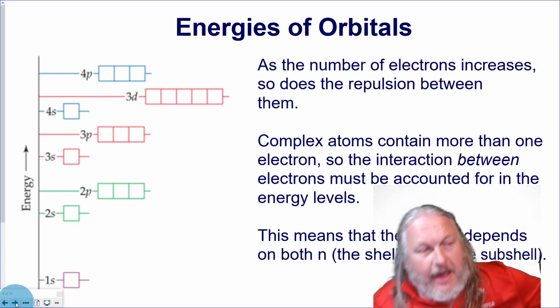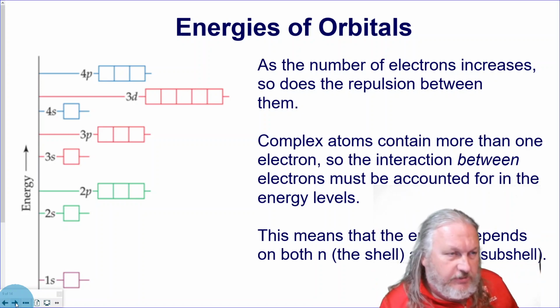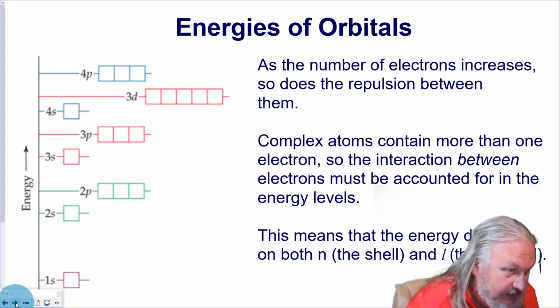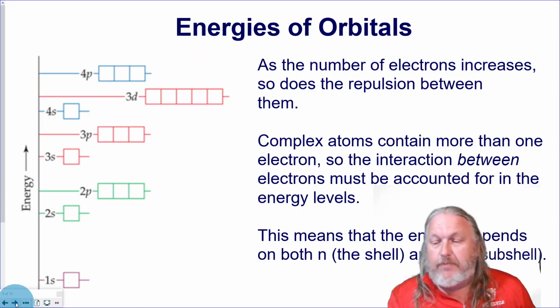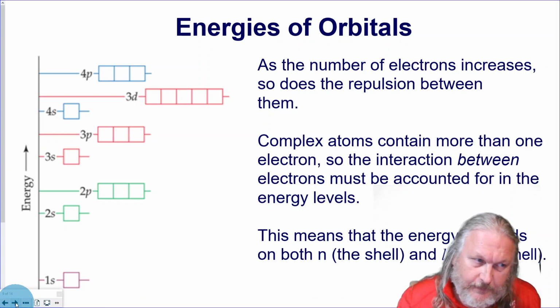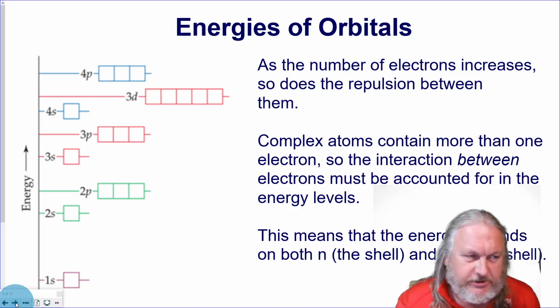So, as the number of electrons increases, so does the repulsion between them. You're getting more electrons. They're all negative things. They don't like each other. So complex atoms contain more than one electron, so the interaction between these electrons has to be accounted for in their energy levels.